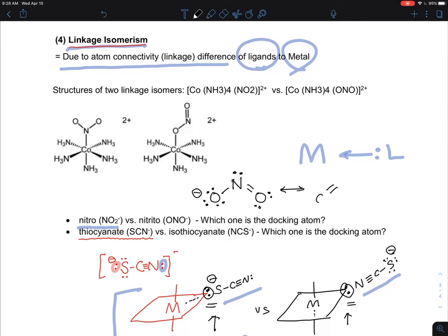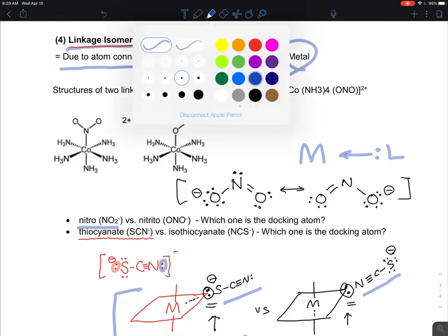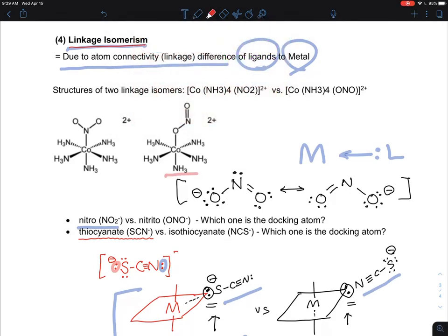I can have a double bond here between nitrogen and an oxygen here. So they have resonance structures. In this kind of argument, this is a nitro.